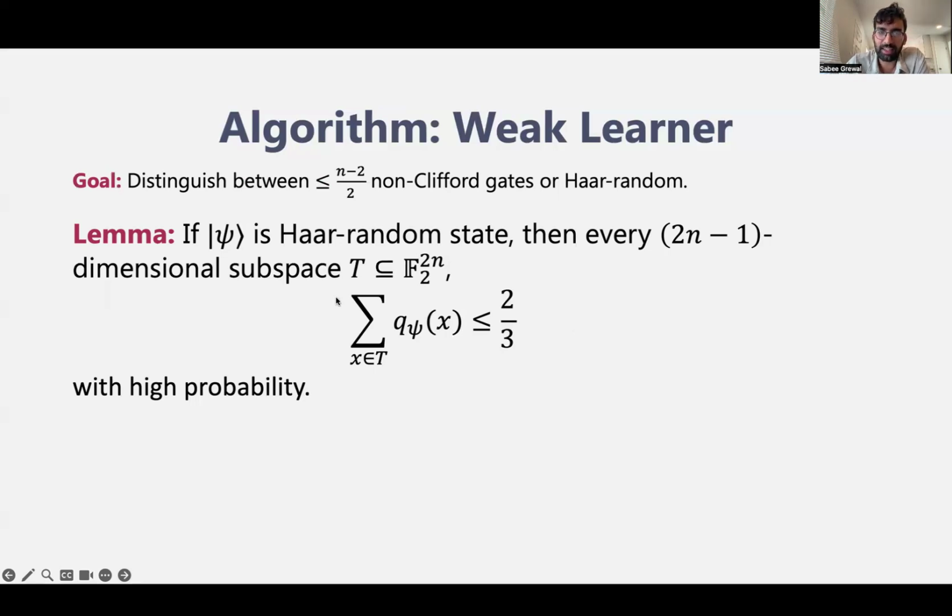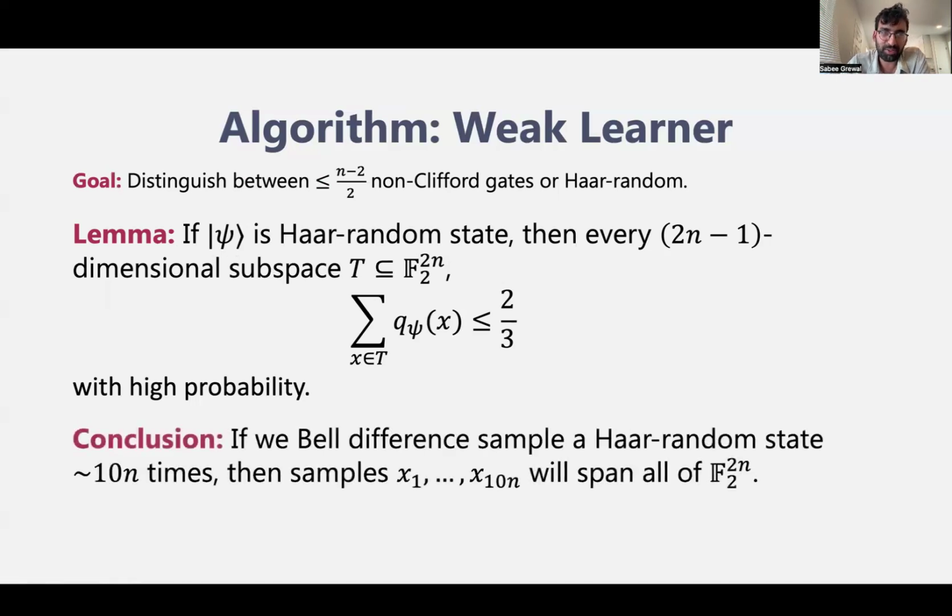So this is like an anti-concentration lemma for the Q psi distribution when psi is Haar random. And the conclusion that we can draw from this lemma is that if we Bell difference sample a Haar random state a linear number of times, then the samples that we see will span all of F_2^{2n}.